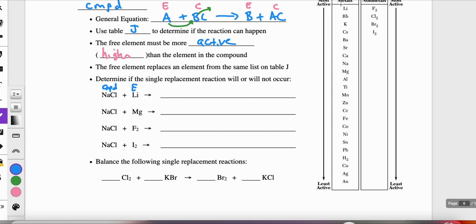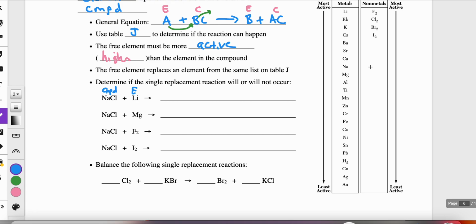When you take a look at your table J, you will notice that Li right here is a metal, and Na is right here, but Cl is in a different list. So Li would like to come in and kick out NaCl.